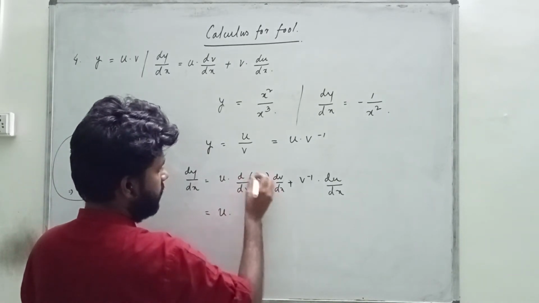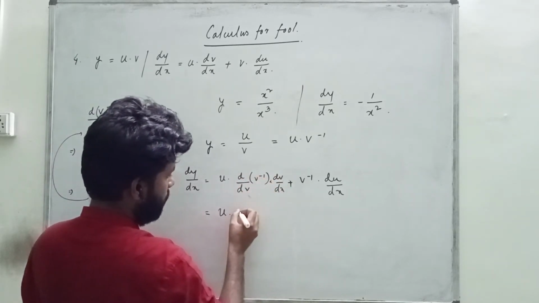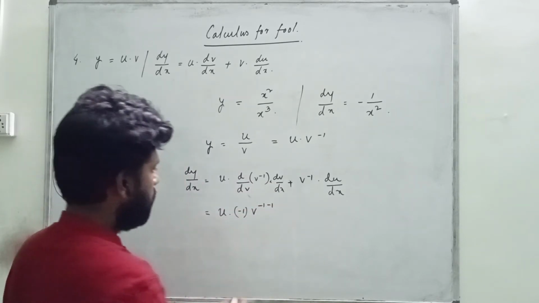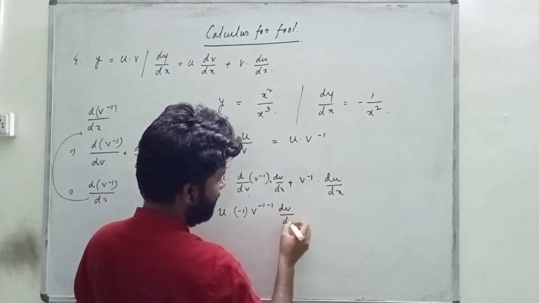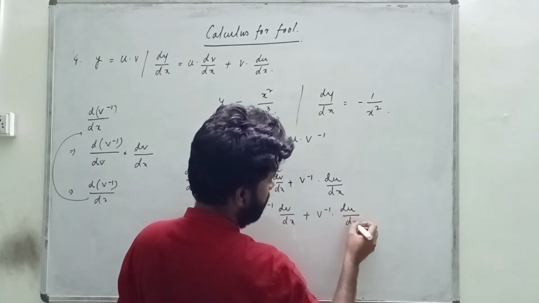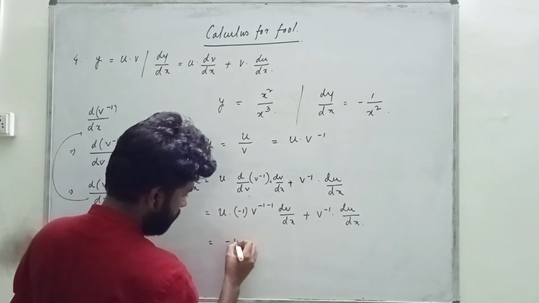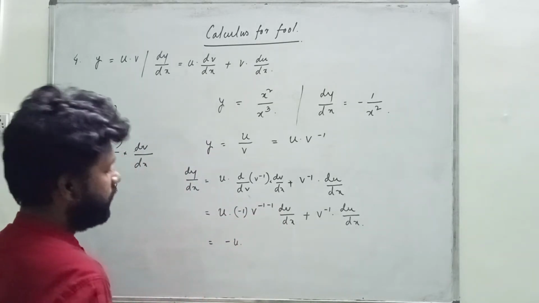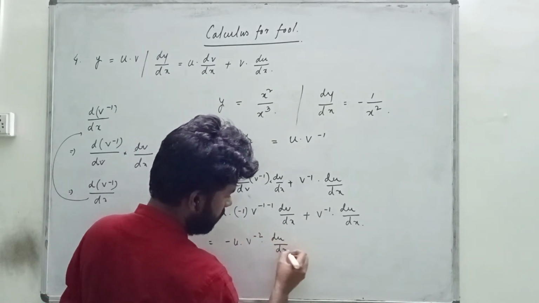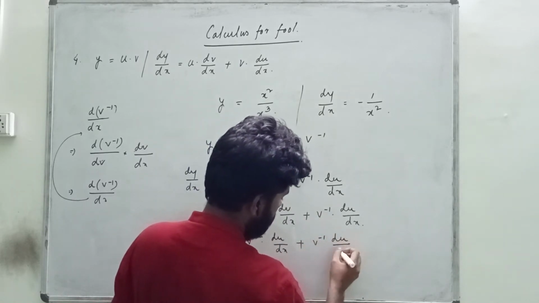U is actually like an x, right? So it is minus 1 v to the power minus 1 dv over dx plus v to the power minus 1 du over dx. What is this? U into minus 1 means minus u, v to the power minus 1 means v to the power minus 2 here, and then du over dx plus v to the power minus 1 du over dx.